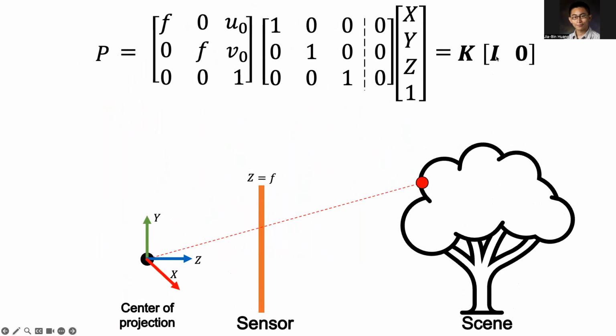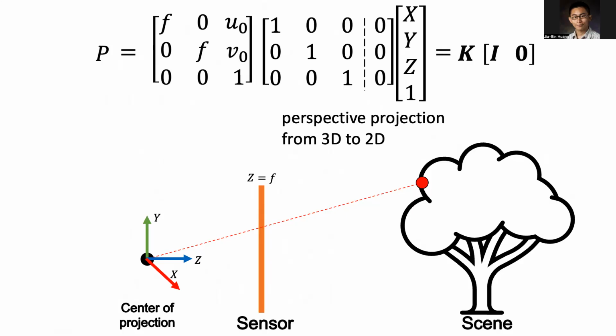And here you have identity and 0. This K matrix has a name: it is called the intrinsic matrix because it's intrinsic to the camera itself, right? For any camera, they have a particular focal length and the size of U naught V naught. So this part is a projection matrix, called perspective projection from 3D to 2D.